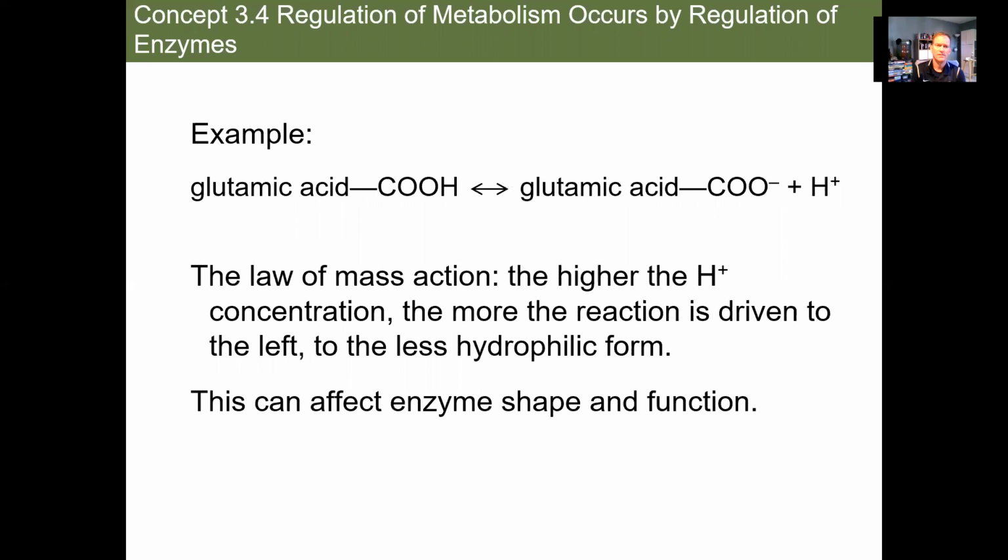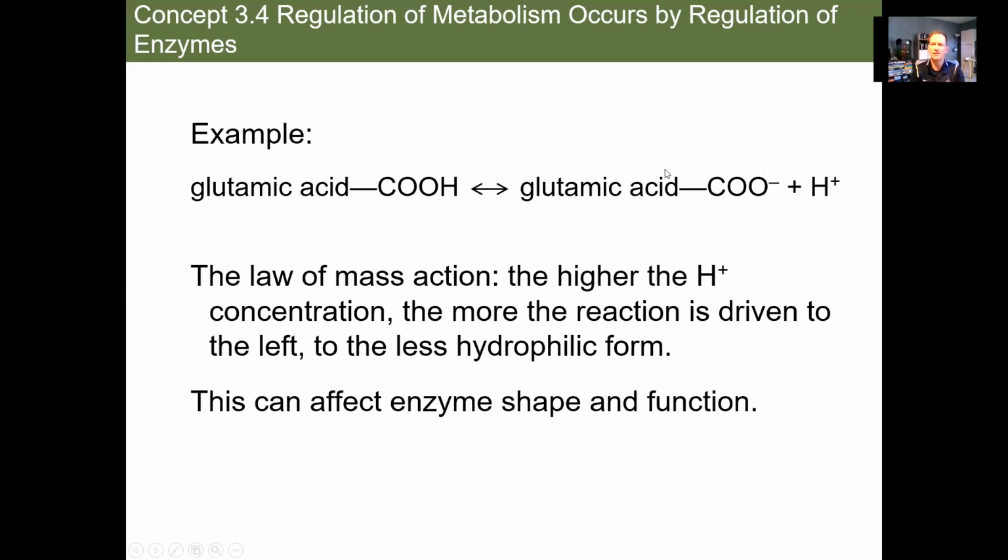So basically, an example of it: if we have glutamic acid going down our backbone, you can imagine glutamic acid attached to amino acids next door. If we have a higher H plus ion concentration, you're going to have a proton on this glutamic acid.